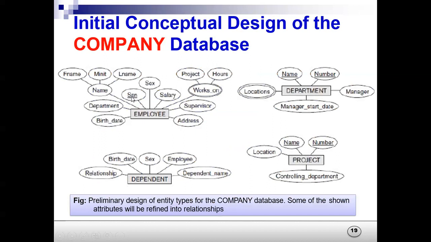Then this SSN or employee ID is marked with an underline, so it means it is the primary key. Employee works in a department, so it is mentioned here. Date of birth, then sex, that is the gender, then salary, then works on, that is how many projects, which project, and for how many hours.